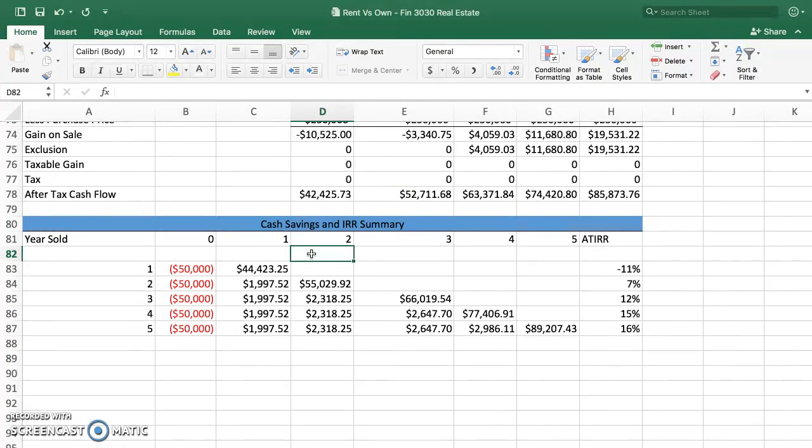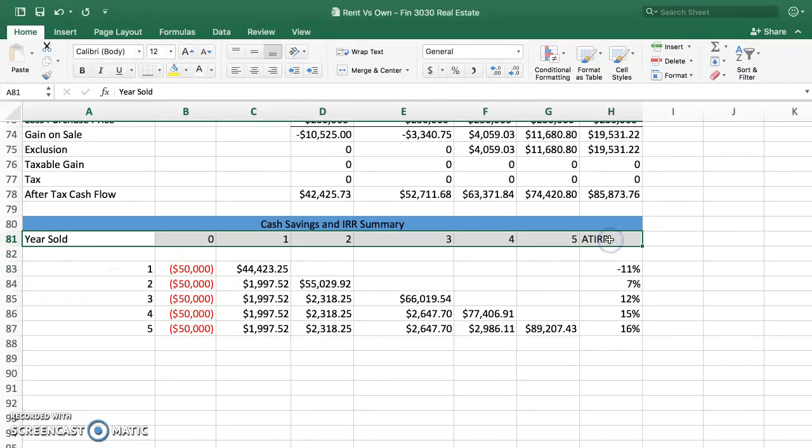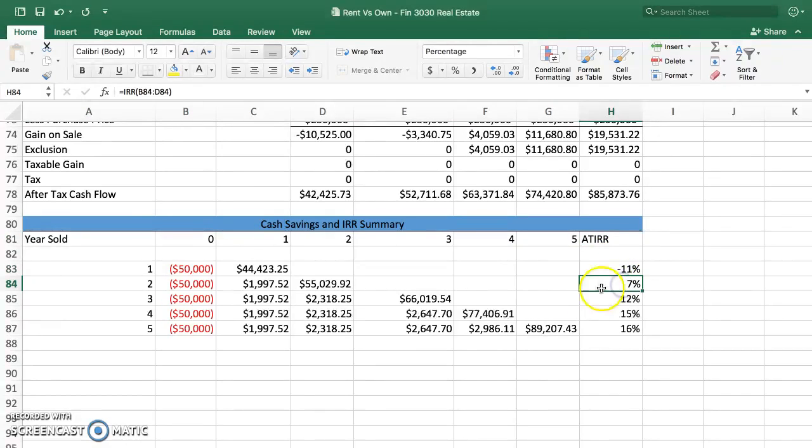So then we're going to look down here, and this is the actual chart that allows us to make our final decision on is it worth it to rent or own the property. Basically, we've broken out this chart, all 5 years, and then this right here is the after taxes internal rate of return. So obviously pretty important.